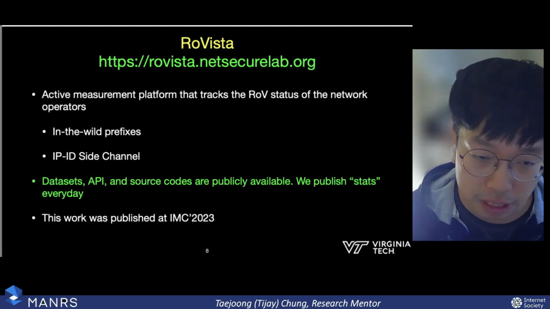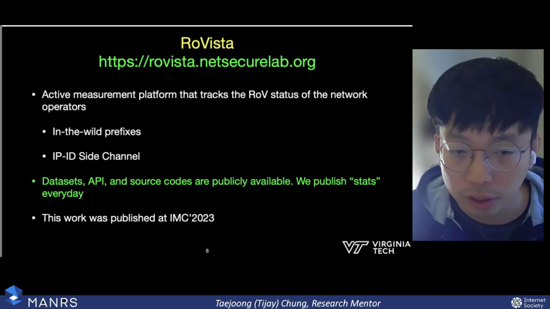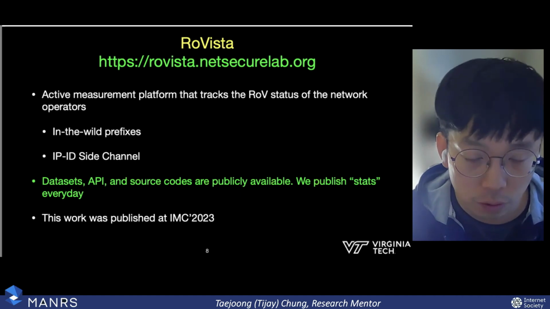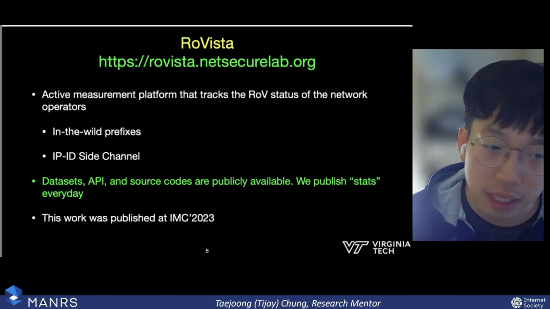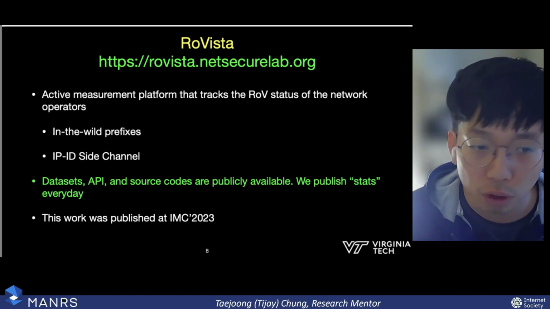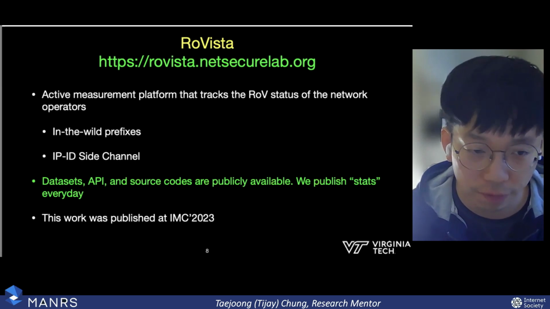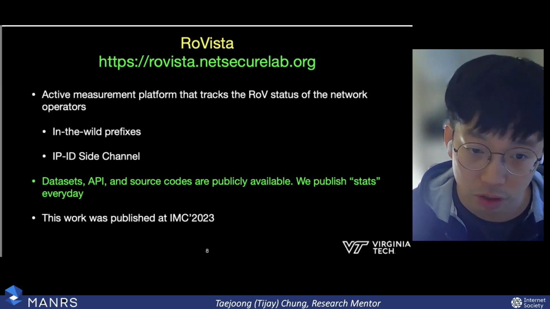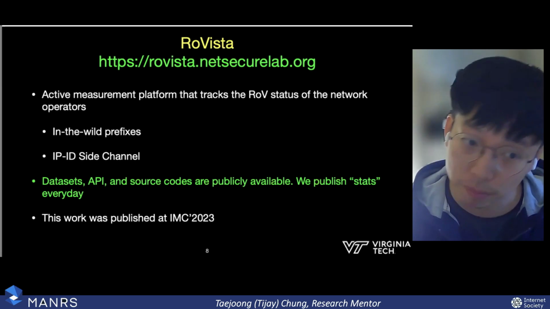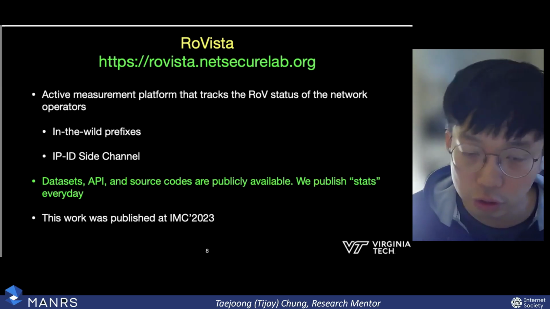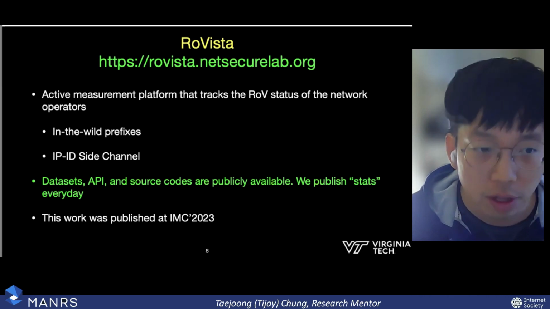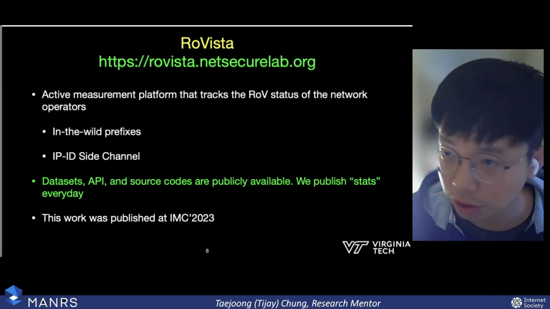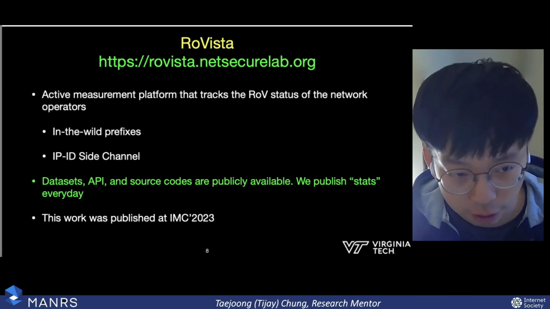When you take a look at the BGP announcements and focus on those that can be validated using RPKI, you will see a small percentage, like 1% or 2%, of verifiable BGP announcements are actually invalid, due to mismanagement or due to some attacks. So we use these prefixes to tell whether some networks are using ROV or not.